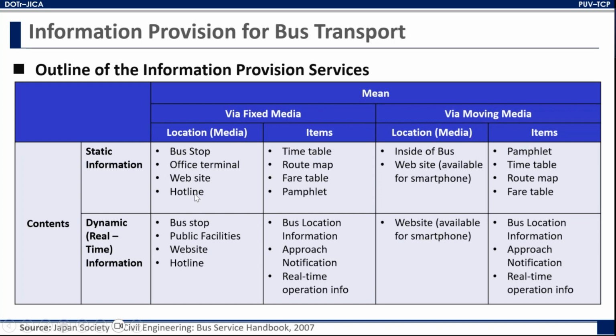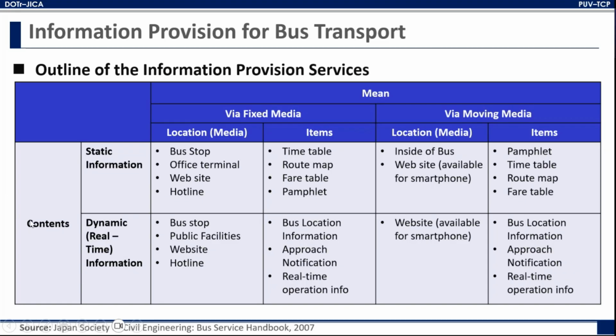Such a matrix can be prepared, with the bus stop, the office terminal, and the website hotline. Under the items are the timetable, route map, fare table, and pamphlets.